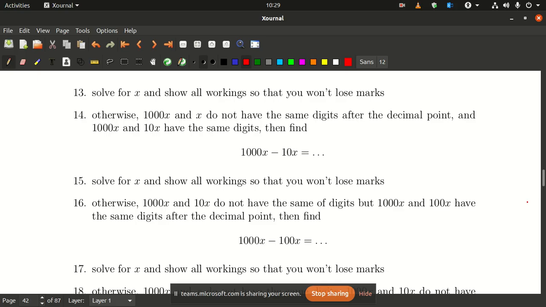If when we do that, the number is still different after the decimal, then we continue until we find out that the numbers after the decimal point are the same. So that when we separate these things, we just end up with a whole number.